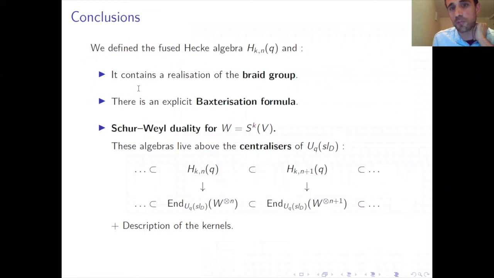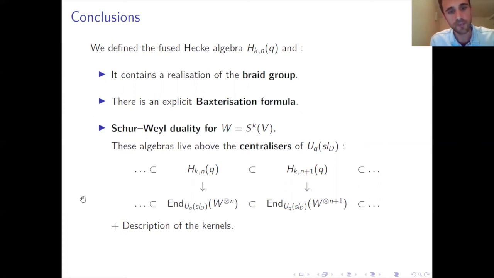We have a quotient of the braid group algebra inside the algebra, and it's very interesting. What we do have is an explicit Baxterisation formula, a rather simple formula, and we are able to send it into representations to explicitly recover a solution of the Yang-Baxter equation, for example, corresponding to higher spin representations of UQ of SL2, but not only.